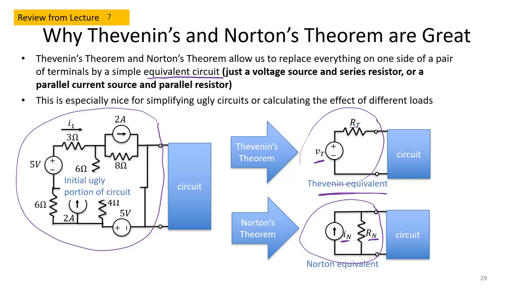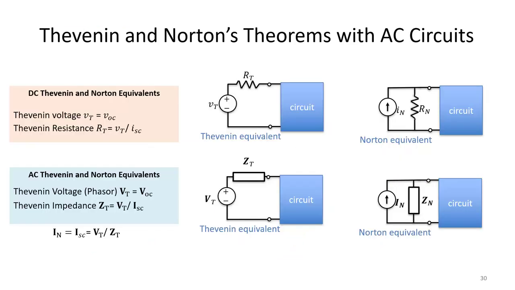We learned that this is really helpful for DC circuits, and it's also going to be really helpful for us in AC circuits. When you want to use Thevenin's and Norton's theorems with AC circuits, you basically follow the same approach we already know, with a few minor changes.